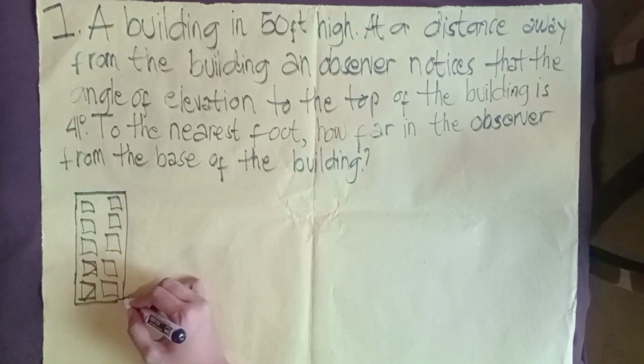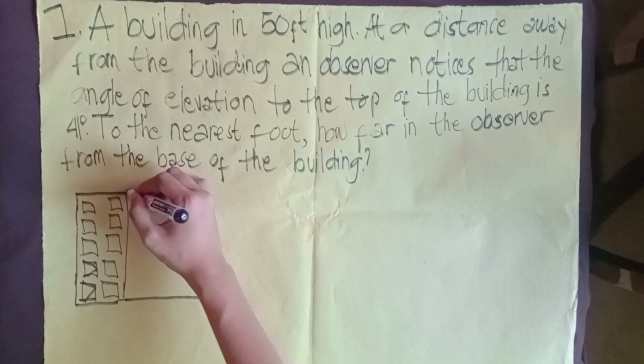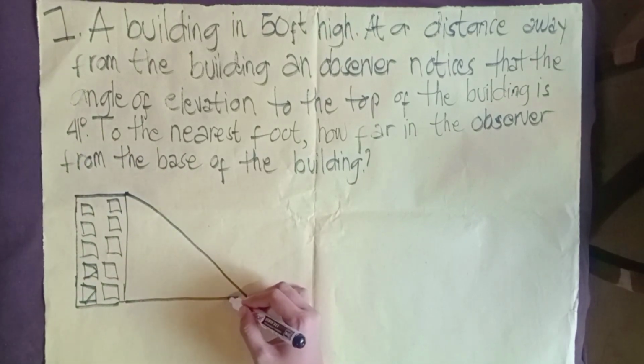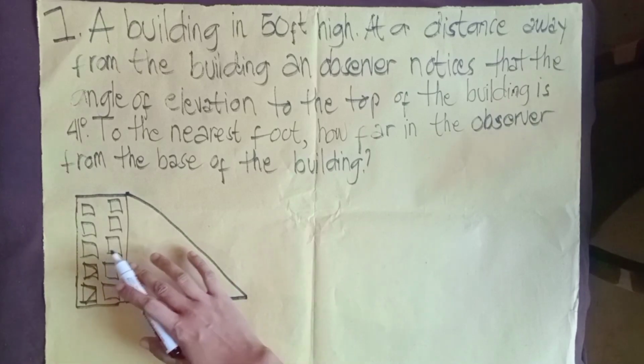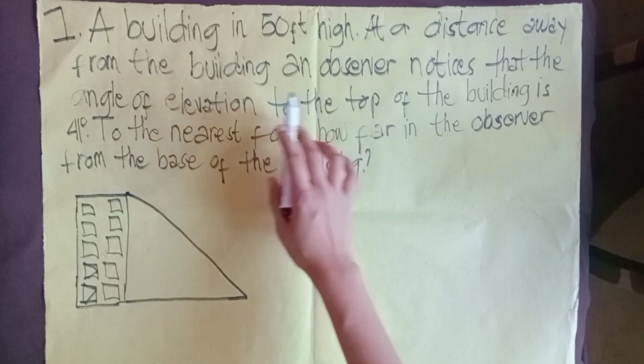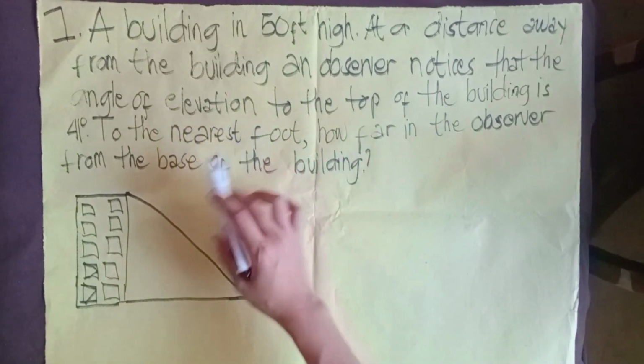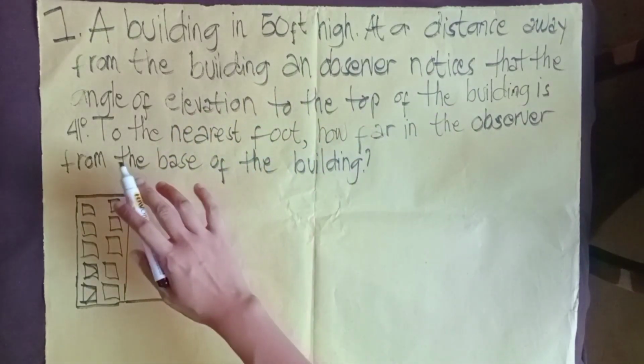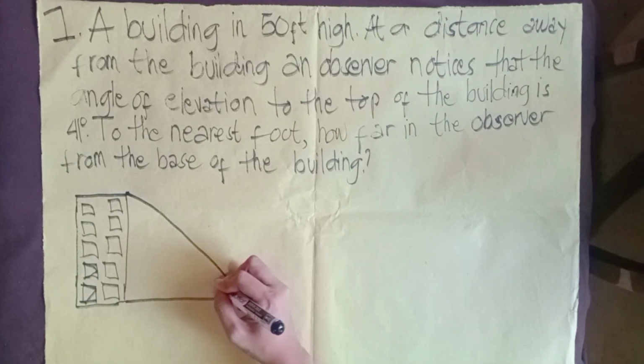Now let's fill in the information that we have. The building is 50 feet high. The angle of elevation is 41 degrees.